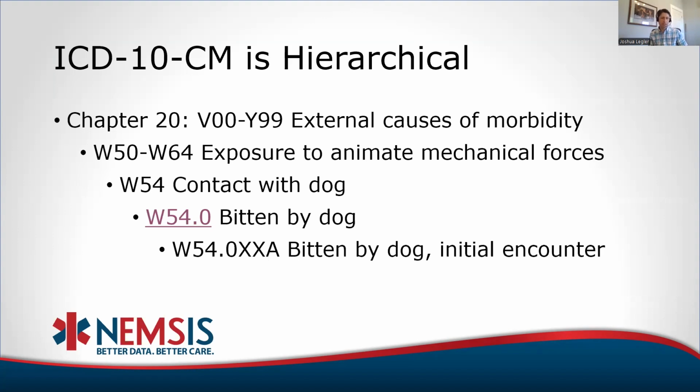And then that's a child of the code range W50 to W64, which is exposure to animate mechanical forces. So it might be a dog or a cat or a horse or a cow or whatever. All of those are in that section. And then that's all within chapter 20 of ICD-10, which is external causes of morbidity. So what caused the problem that the patient's having.